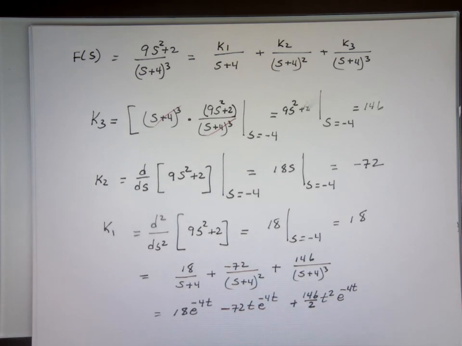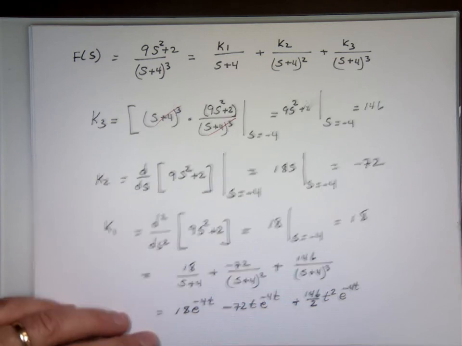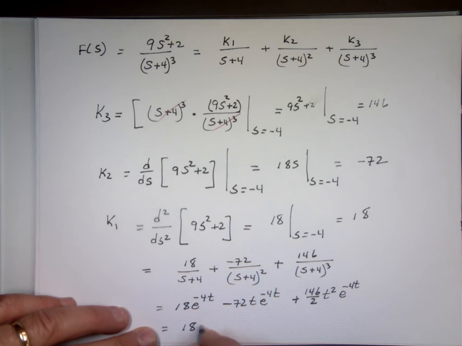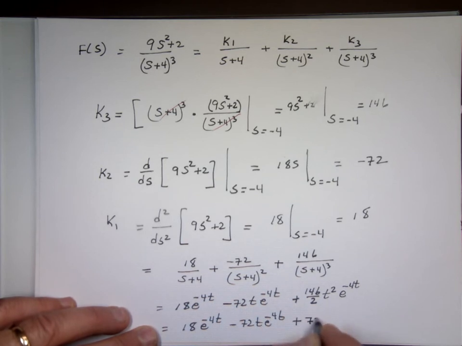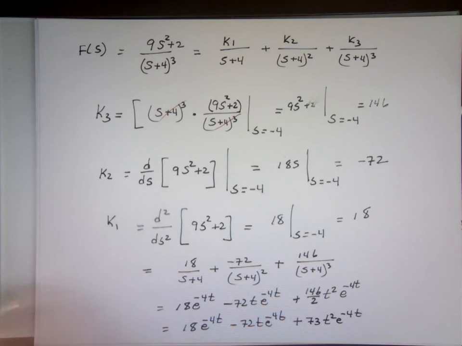So that's 73. And add u sub t. And that's a recap of all the techniques.